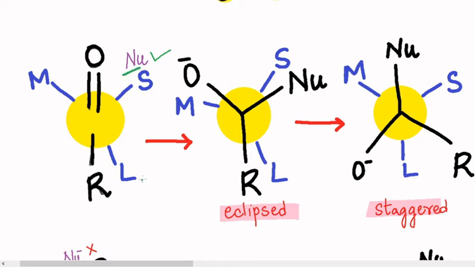If you see this structure, we have two carbon atoms joined together, and then we have a carbonyl group and an R group. We have a small, medium, and large group. As you can see, the black portion is the front side. The symbols in black are on the front side.